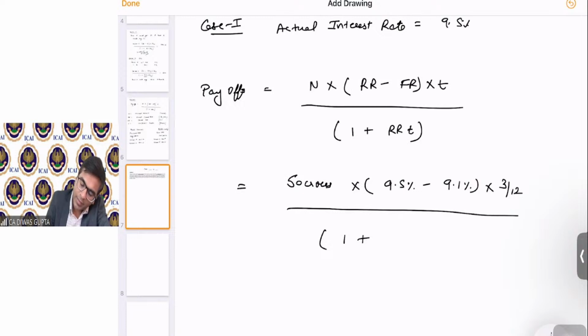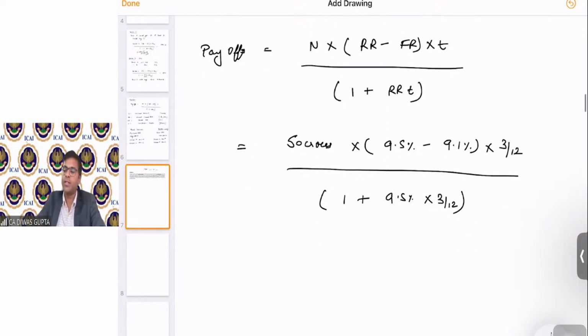1 plus 9.5% into 3 by 12, which is the actual rate basis on which we will do the present value, students. So this comes as 9.5 minus 9.1, 0.4 percentage on 50 crores, which is actually 0.2 crore into 3 divided by 12.